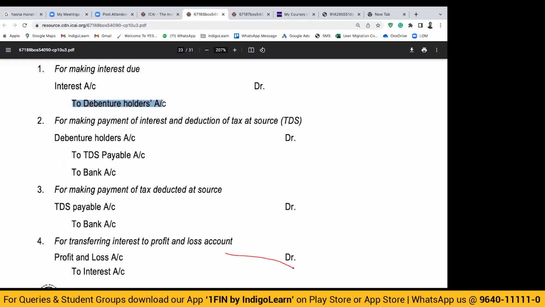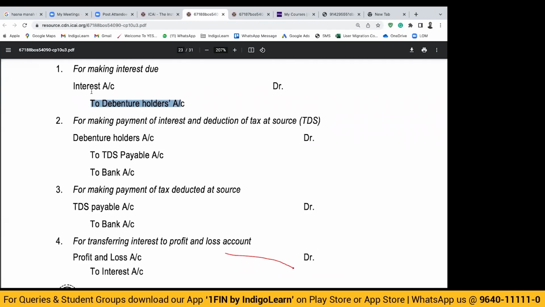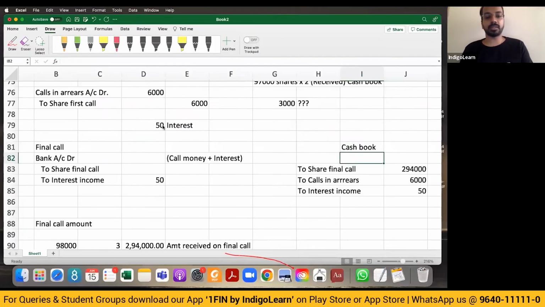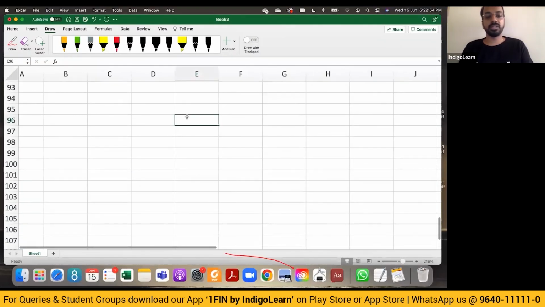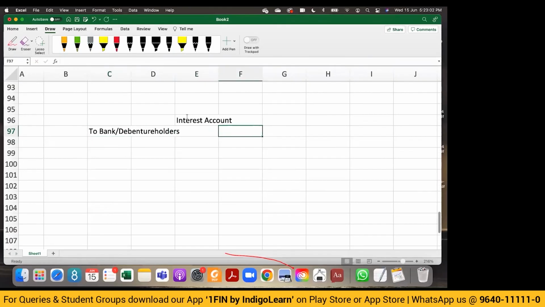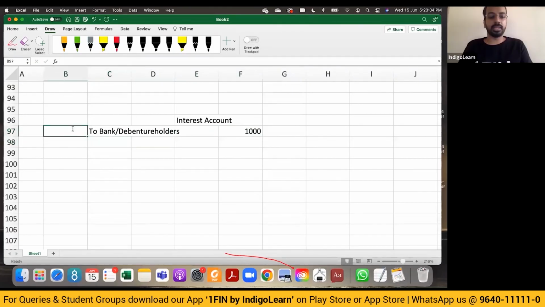Then this interest is a nominal account which has to be closed. So this is an interest account, to bank for example, or to debenture holders, whatever you want to write. Let us say it is 1,000. This entry is passed on 1st of January or 31st of March, whatever is the date. This is the entry on the debit side.